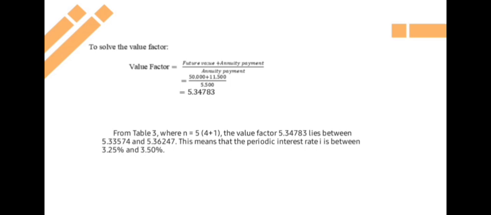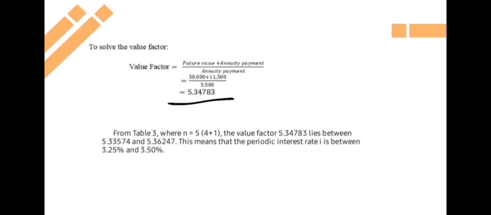So, following the procedure to solve for the value factor, i-add natin yung future value sa annuity payment and then i-divide natin siya sa annuity payment. So, 50,000 plus 11,500 divided by 11,500. Then, magre-resulta ito siya into 5.34783.